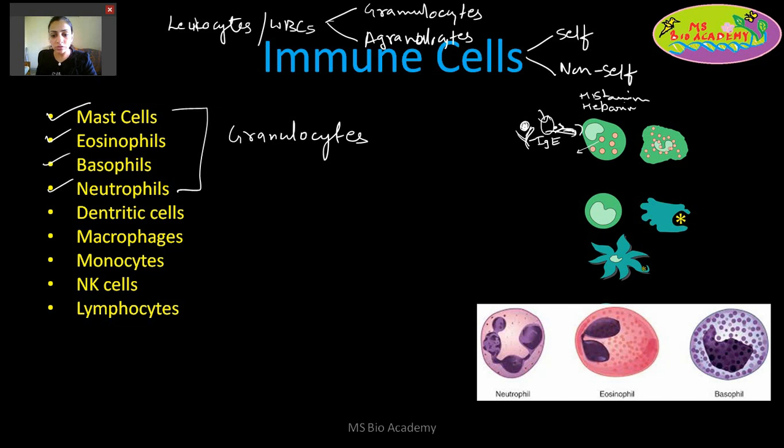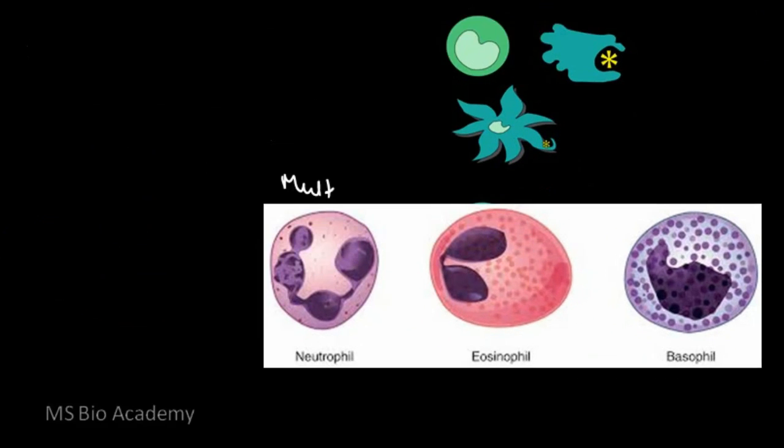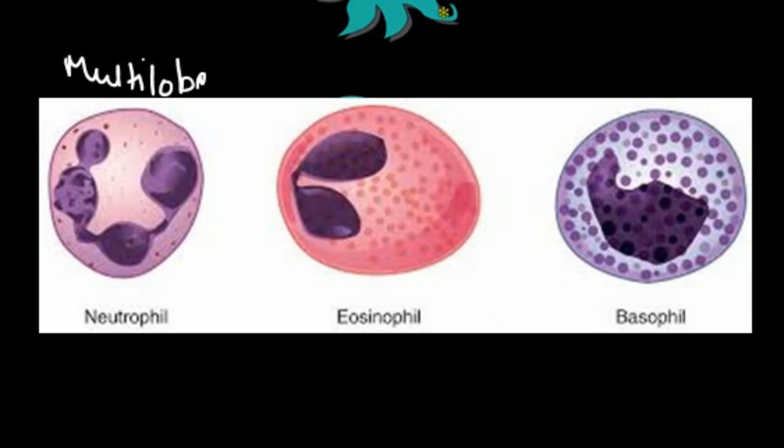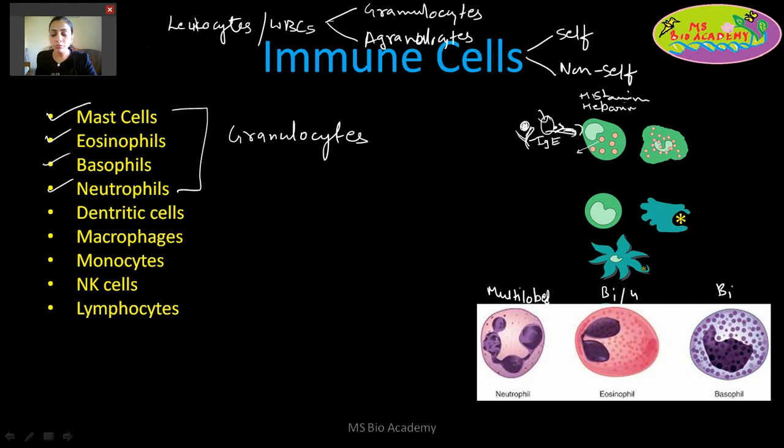Neutrophils generally have a multi-lobed nucleus, like 1, 2, 3, 4 lobes. Eosinophils generally have a bilobed nucleus, mostly kidney-shaped. And basophils generally have a bilobed nucleus, bi or four-lobed. So all of them contain granules, so basically they are granulocytes, right?